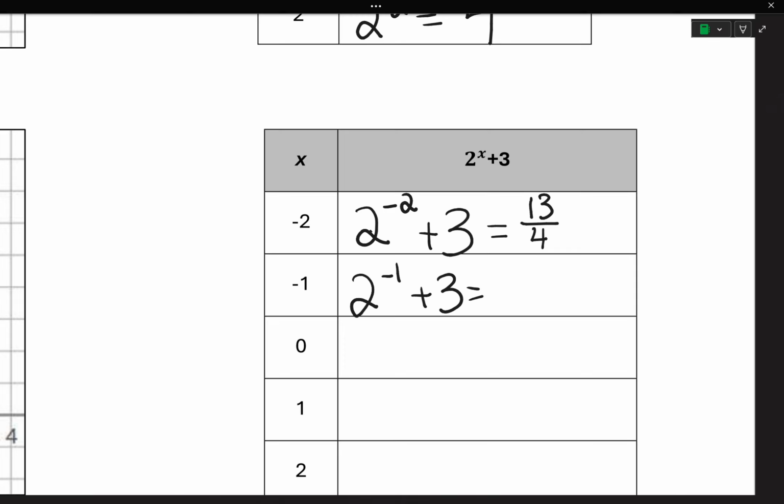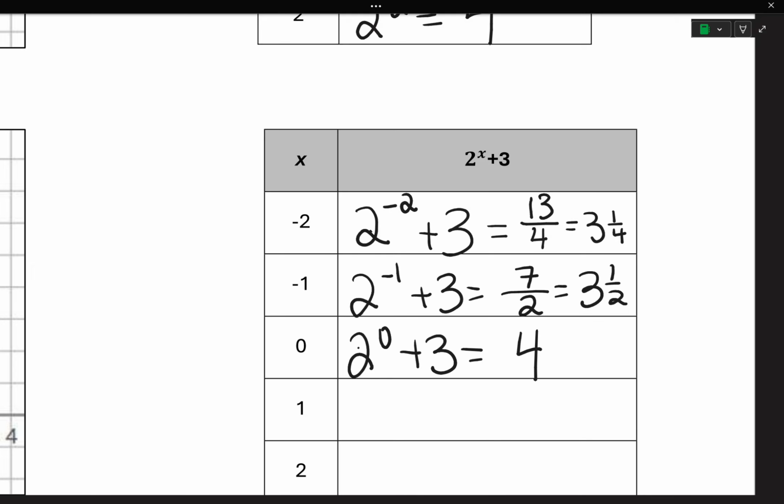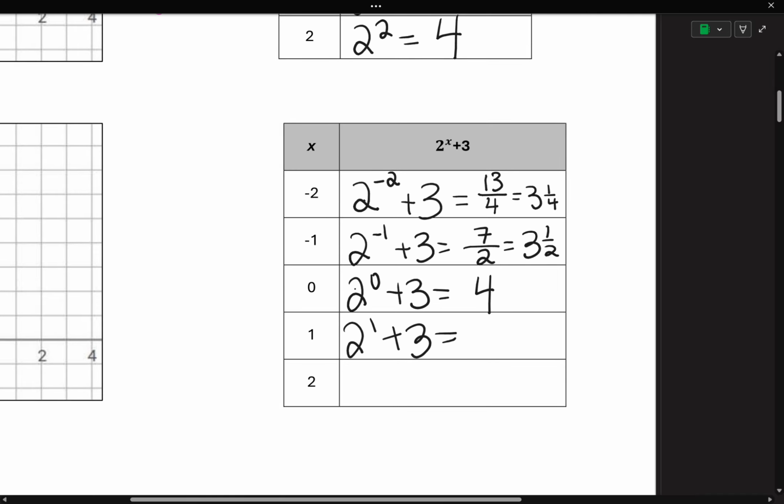Here we got 7/2. Then we got, so this is actually 3 1/4. This is actually 3 1/2. This is 4. This is 5. And that's 7. Okay.